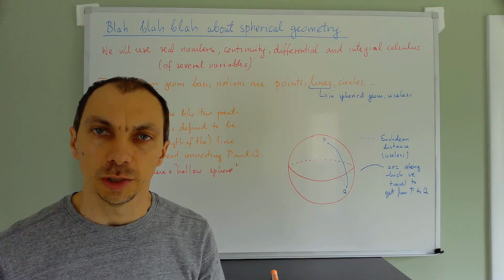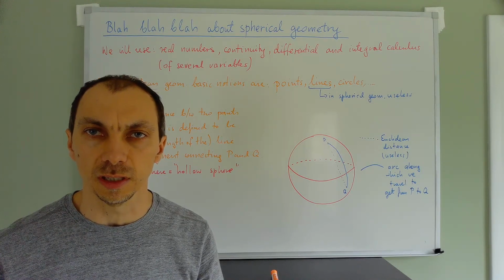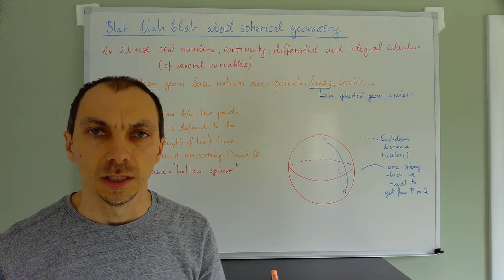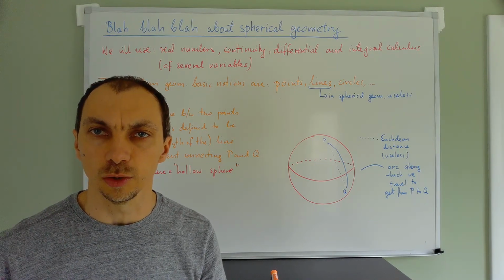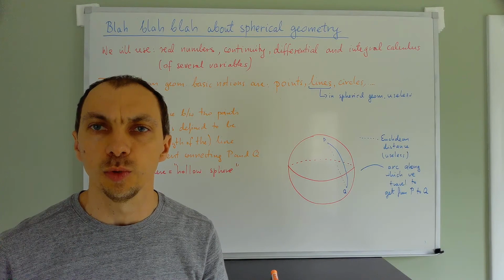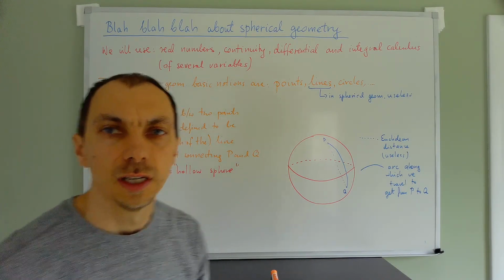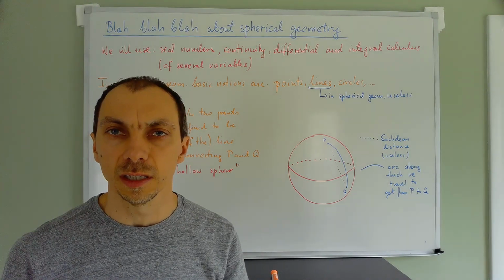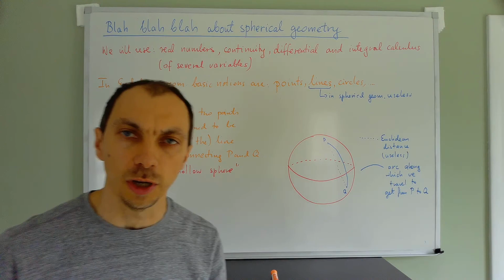Again, in Euclidean geometry, you can just travel along straight lines. They always give you the shortest possible distance. But on the sphere, you don't have straight lines. So is there a substitute for that notion? Are there curves which give you the shortest possible distance? It turns out such curves exist, not only in the sphere, but in a much more general setup of differential geometry.